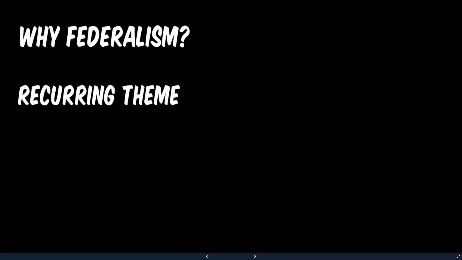So why do we have this crazy idea of federalism? Why did we choose this? This was the first type of government system, this federalism, that anybody had ever seen before. And our forefathers, as brilliant as they were, extremely brilliant to come up with this idea.